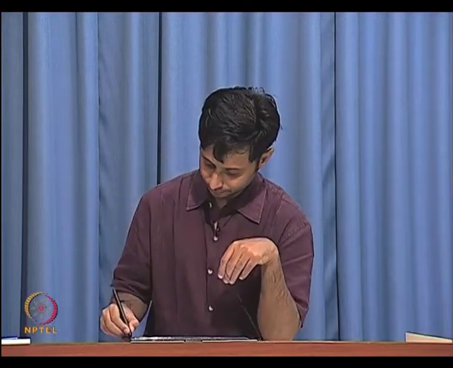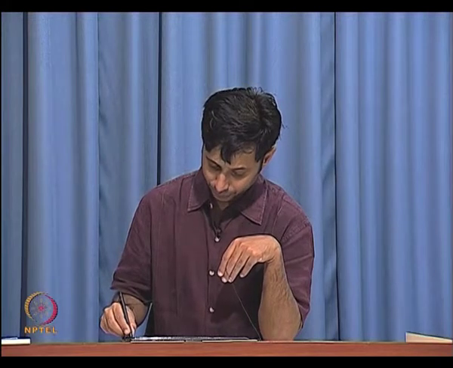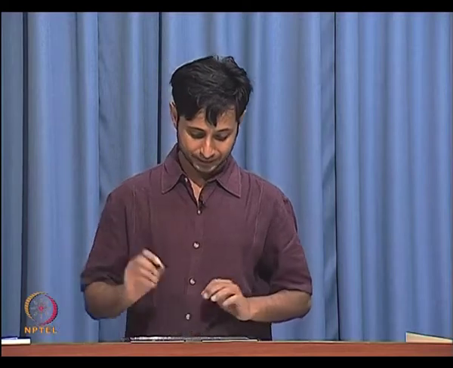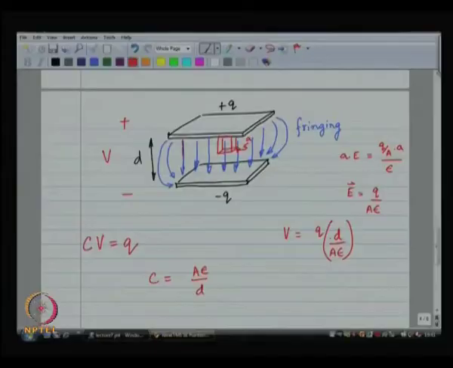So, this also I am sure you are familiar with. So, under these circumstances, what do you think is going to be the capacitance of this structure? So, what do you think is going to be the capacitance now? Most of the field lines are still coming straight down from one plate to the other, right.